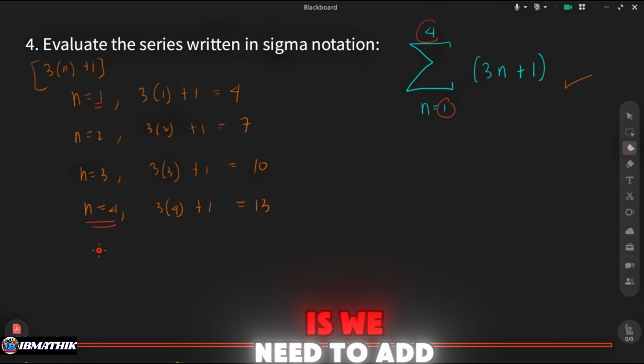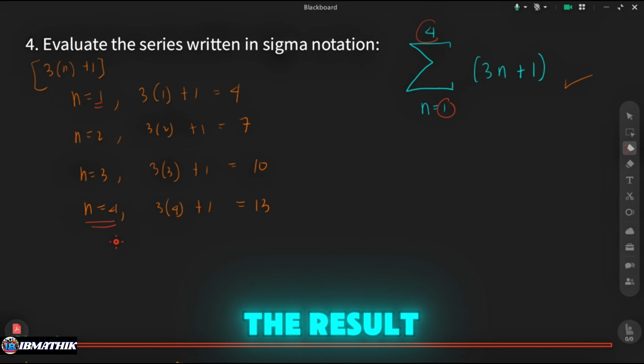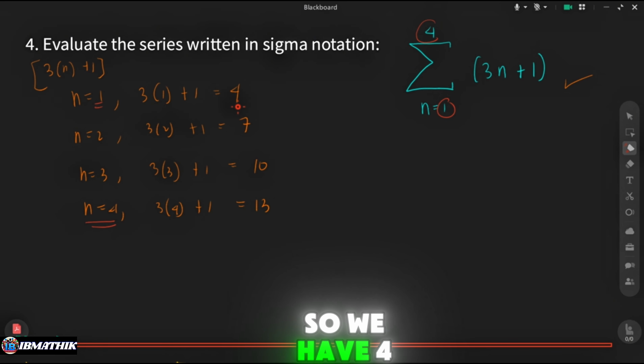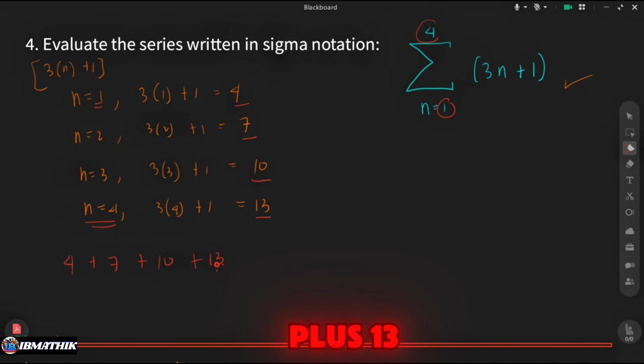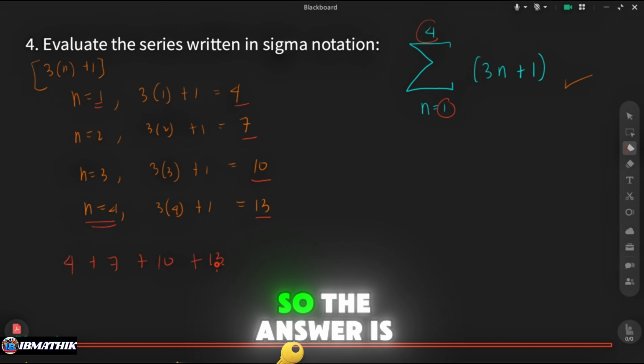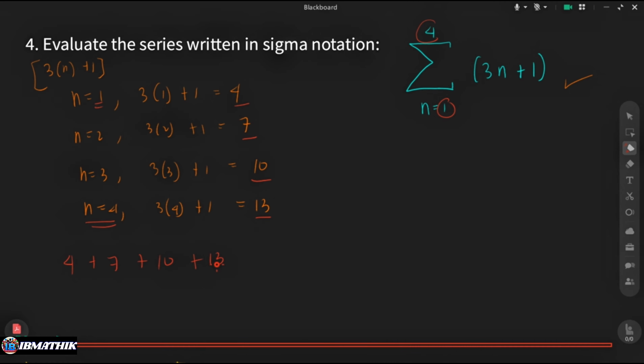Now the next thing is we need to add the result. So we have 4 plus 7 plus 10 plus 13. So the answer is 34.